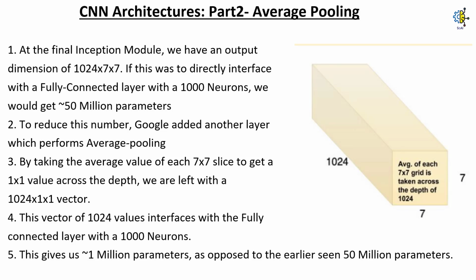We are left with a 1024 by 1 by 1 vector. This vector of 1024 values interfaces with a fully connected layer with 1000 neurons. This gives us 1 million parameters as opposed to the earlier 50 million parameters.